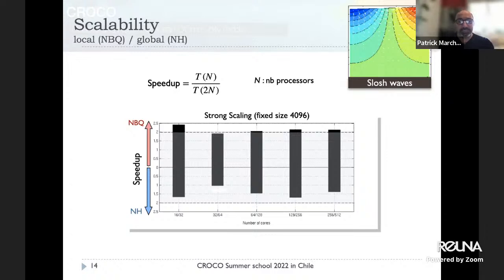You quickly see that the compressible approach gives a speed up of 2 for every kind of subdivision of your domain, while the pressure correction method is not as successful in this sense, and the speed up can be as low as 1, and it rarely approaches 2. So of course it depends on the solver. And for CROCO, they have tried new kinds of solvers that are a bit more efficient, but you can never reach the efficiency that is given by a local computation.